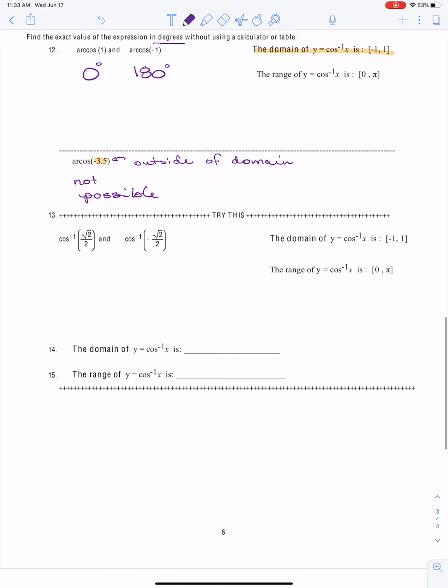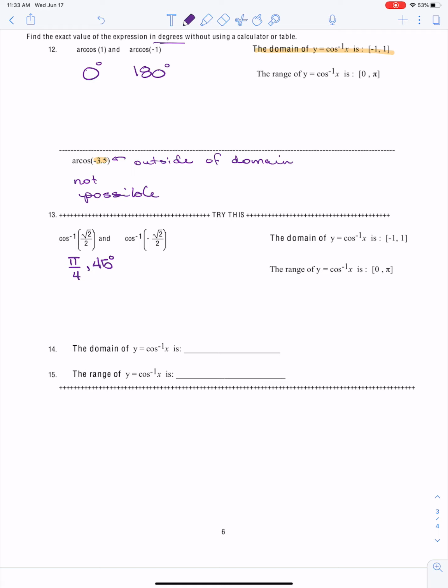Okay, so let's streamline this a little. Number 13, we want the inverse cosine of square root of 2 over 2. We know that the only place that happens in quadrant 1 is pi over 4, or 45 degrees. We want the inverse cosine of negative square root of 2 over 2.